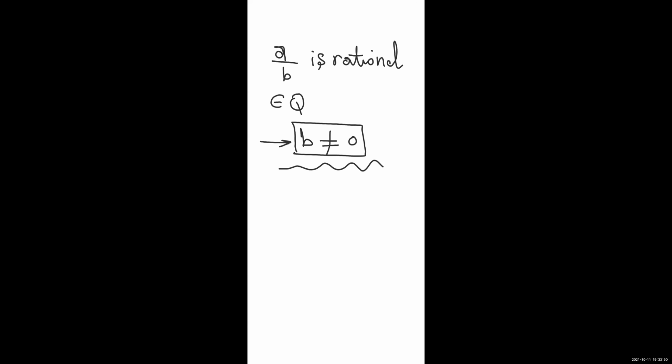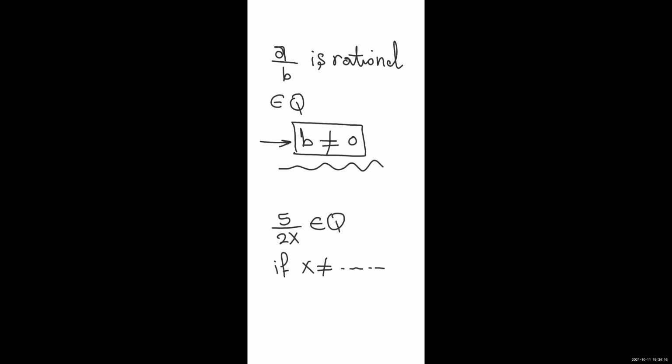Now the question: if the number 5 over 2x belongs to rational numbers, what should x not equal? We said the denominator will never equal 0, so x is not equal to 0.